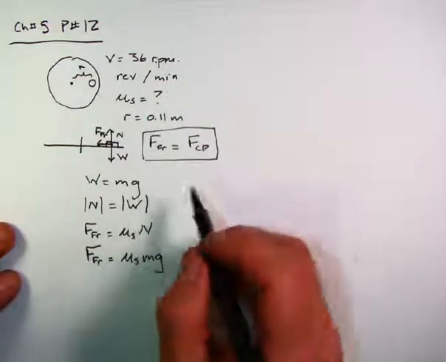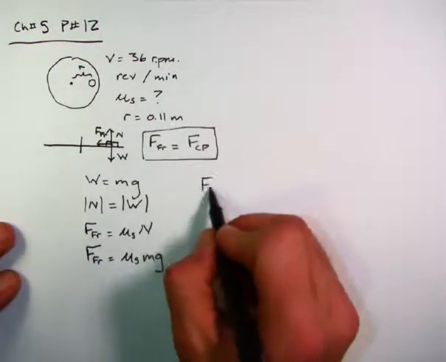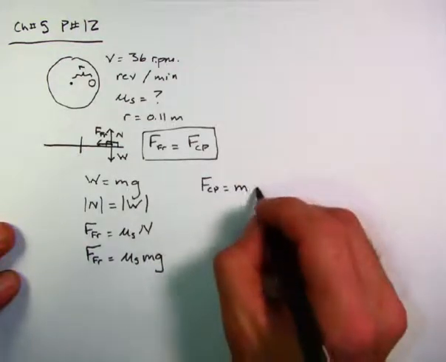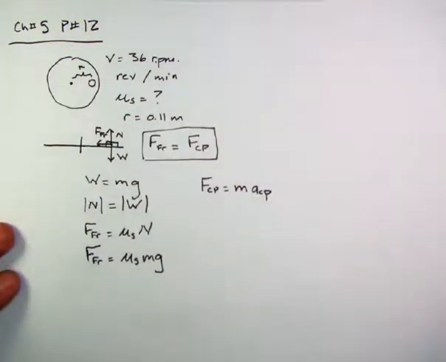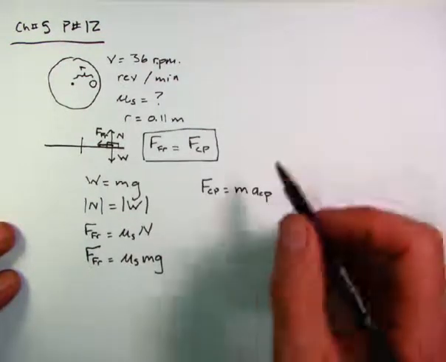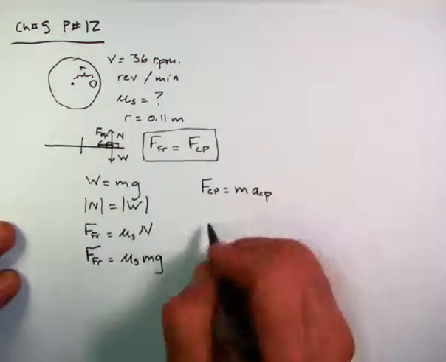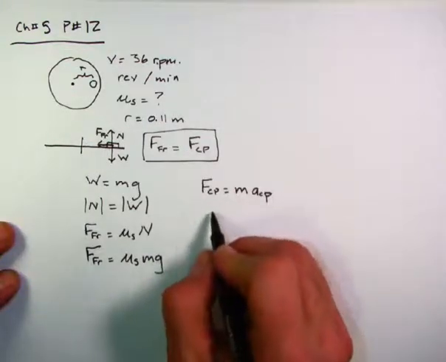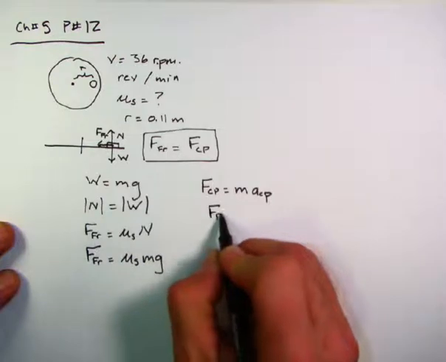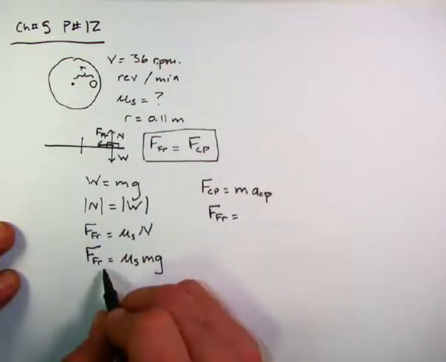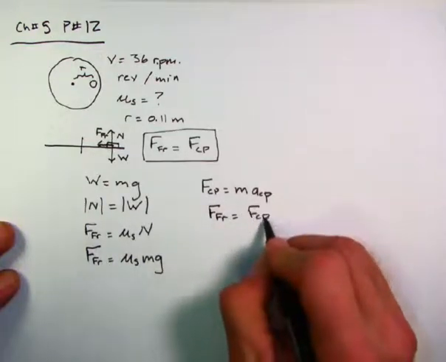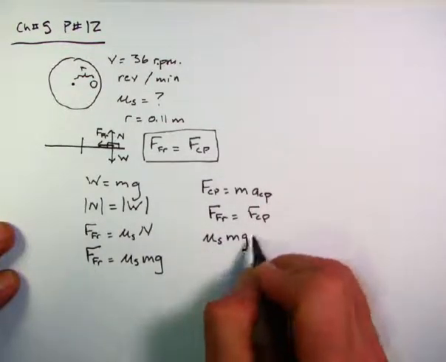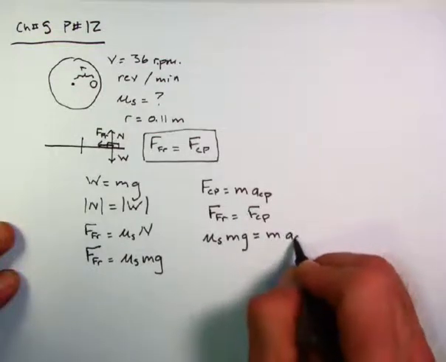What else do we know? Well, we know the centripetal force must be the mass times the centripetal acceleration. That only makes sense. So let's combine these two. Since the friction force is equal to the centripetal force, I can say mu sub s mg is equal to m a sub cp.